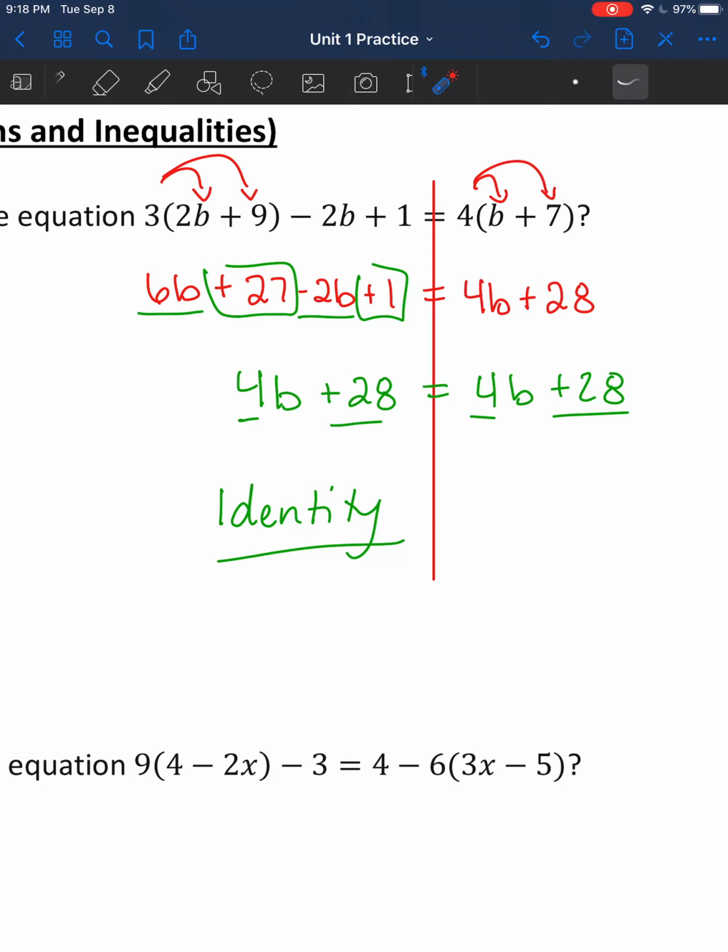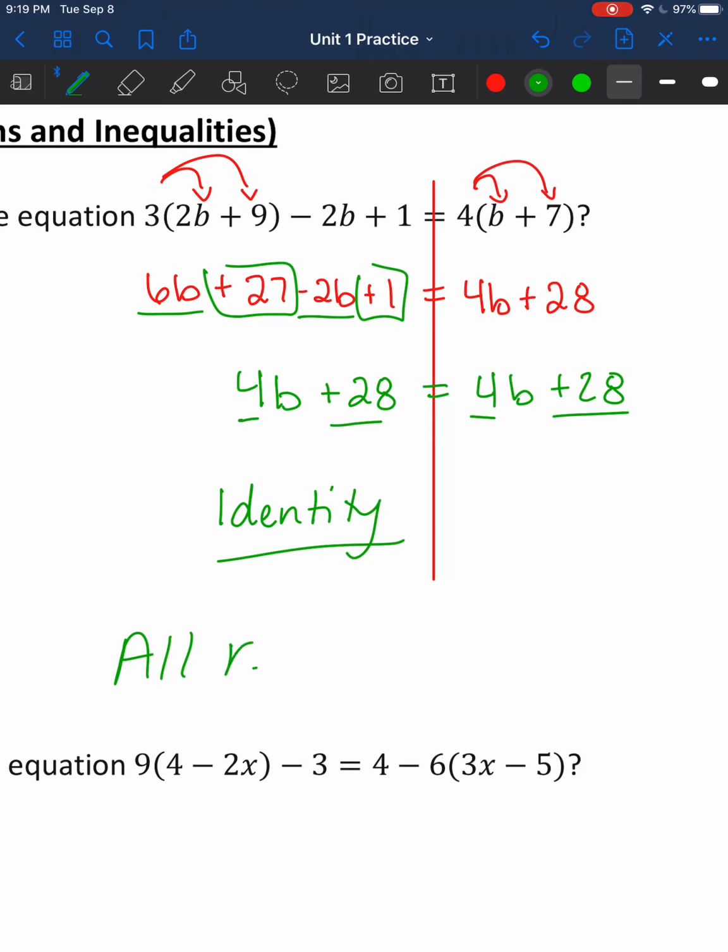Since you'll always end up with a true statement, we say that there are infinitely many solutions. There's too many of them, so we call that infinite. And when there's infinitely many solutions, it's because the solution is all real numbers. No matter what number you can think of, it works. So the solution is, and what I would ask you to bubble in or write down, is all real numbers.